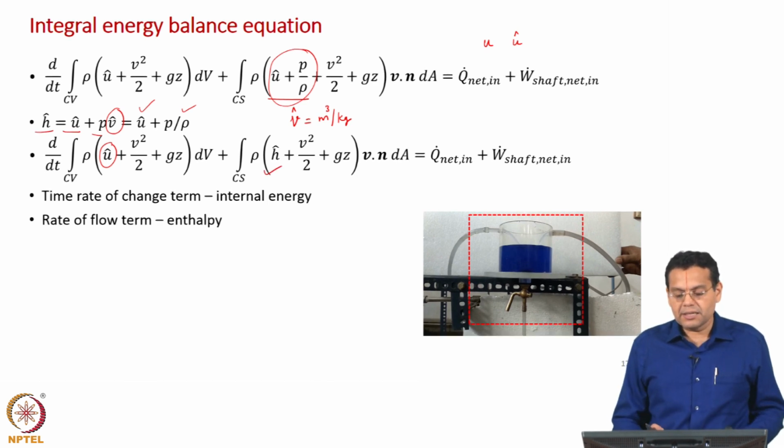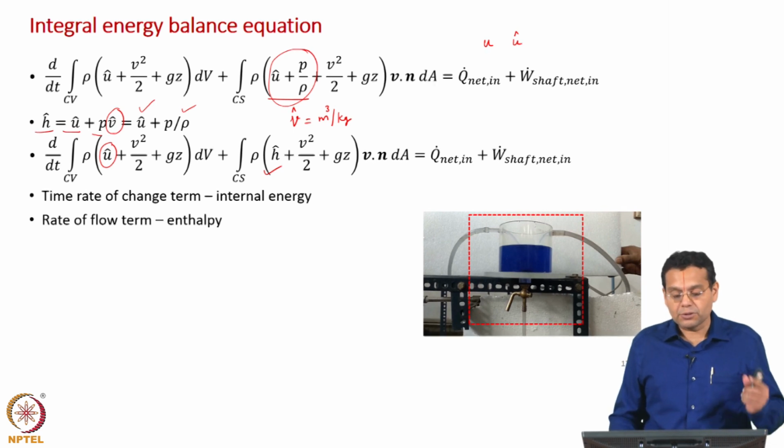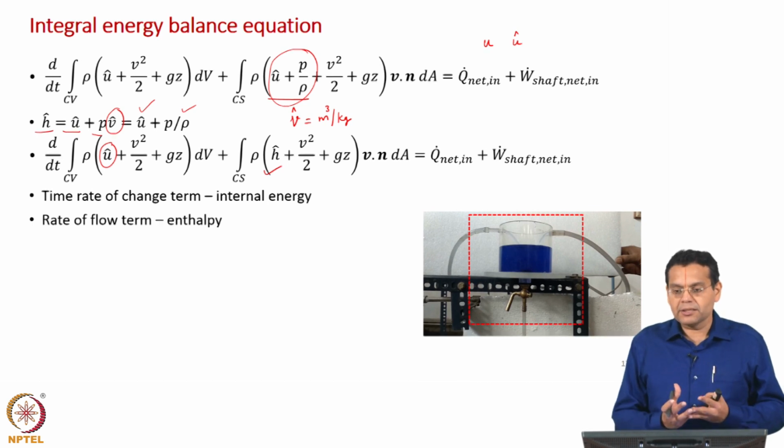This distinction may not be emphasized in certain books, because most of the time you are interested in doing a steady state energy balance, so only enthalpy plays a role, but if you are doing a transient energy balance, that too for a gaseous system, this distinction becomes important. I would like to emphasize once again that in the convection term we have enthalpy, in the accumulation term or the transient term we have internal energy.